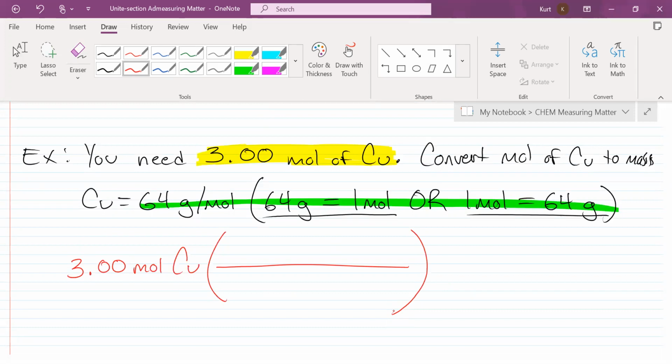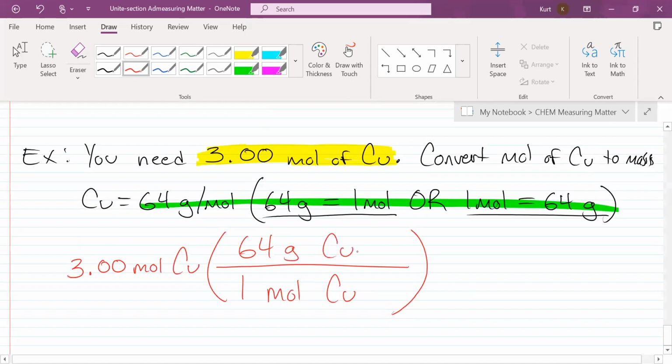You got it. 1 mole of what, Max? Copper. That's right. And on top, we're going to put the mass, 64 grams. So Max, is this a multiplication problem or a division problem? Multiplication. 3 times 64. 192.